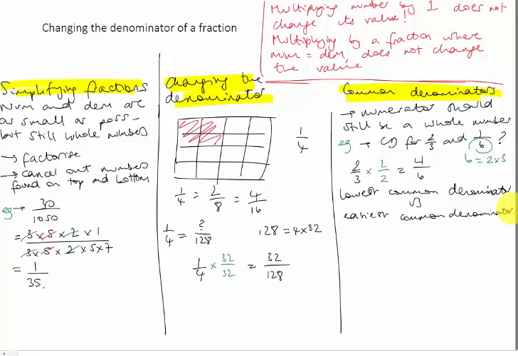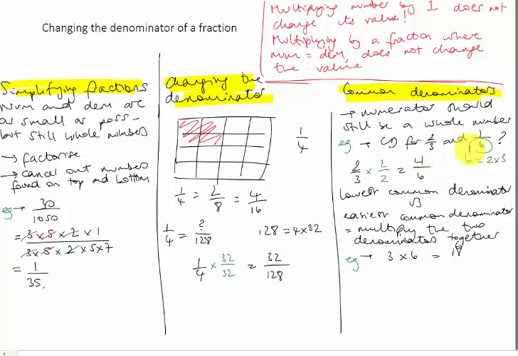So how would you do that? You simply multiply the two denominators together. So in this example of our 2/3 and 1/6, you would multiply 3 times 6, so 18 would be our common denominator.